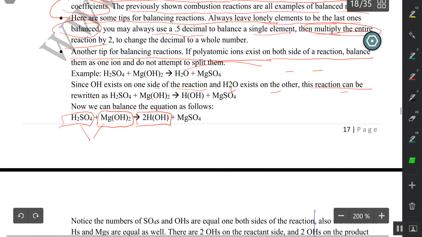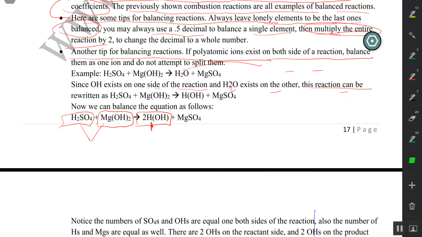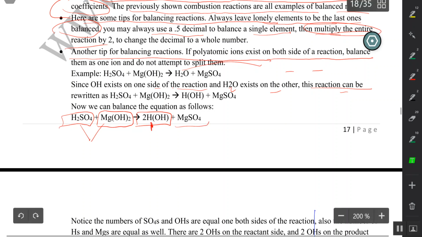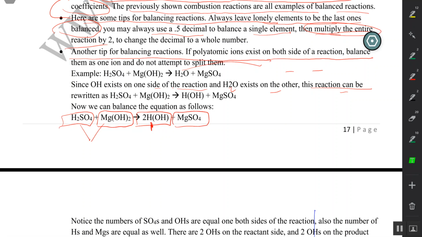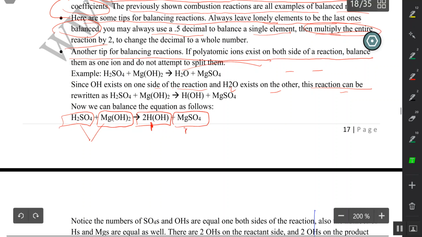These two have to react together. 1 mole of H2SO4 with 1 mole of MgOH will produce 2 moles of water and 1 mole of magnesium sulfate. If you have half a mole of each, you're only going to produce half the quantities.